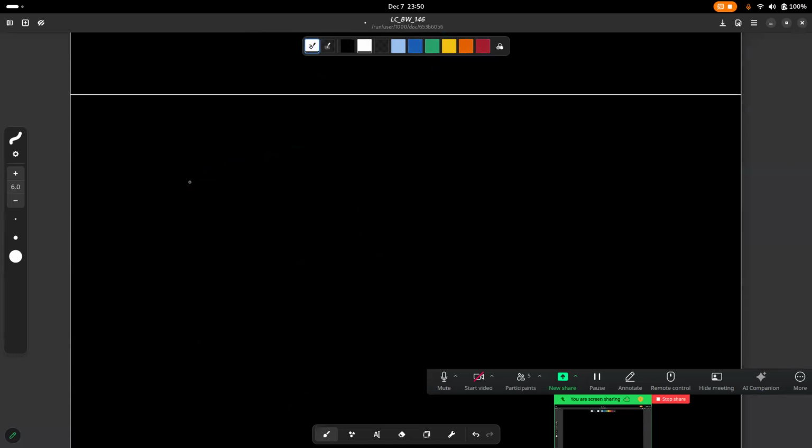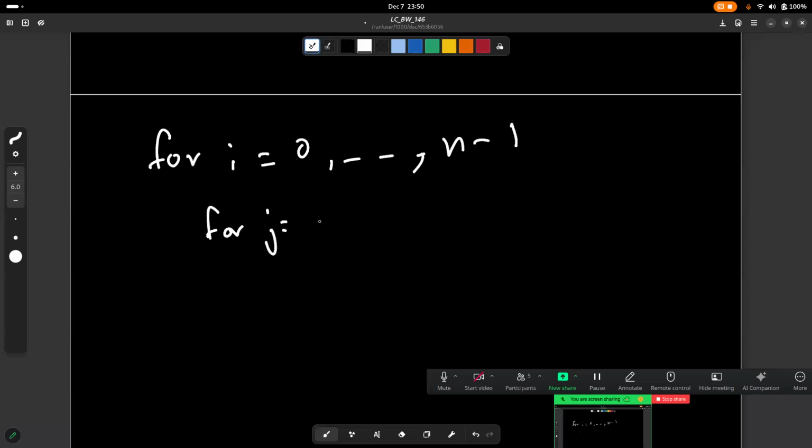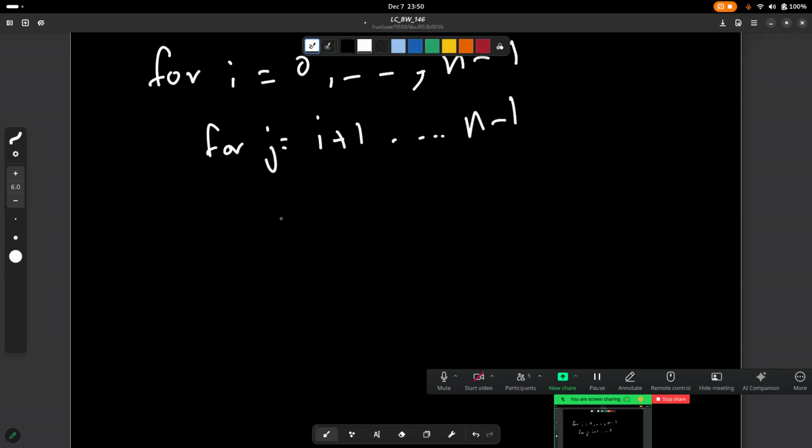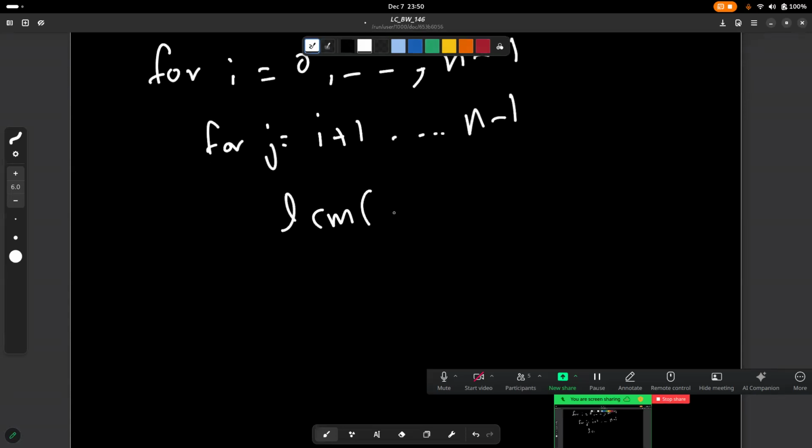Let's consider what would be the most straightforward solution. Well, the most straightforward solution would be to go from i equal to 0 all the way up to n minus 1, and go from j equal to i plus 1, greater values than i, and check if the LCM of nums of i and nums of j is less than or equal to the threshold.